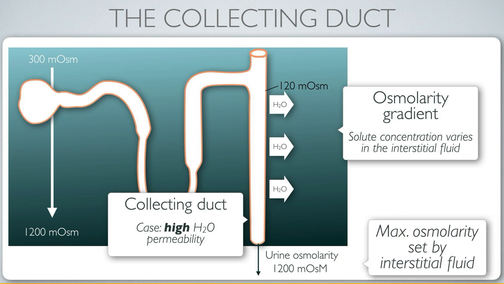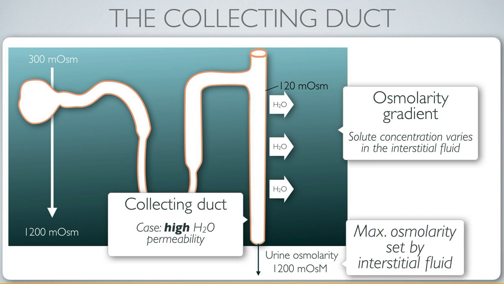That's our ceiling for osmolarity. So if we change the maximum osmolarity in the interstitial fluid, then we can change the maximum osmolarity that is possible to be generated within the urine.